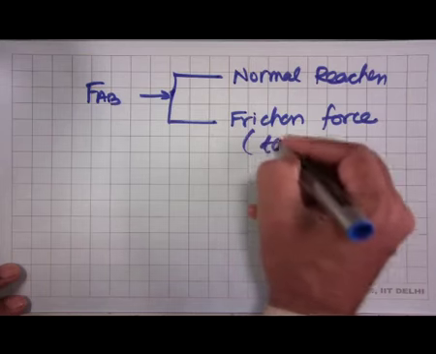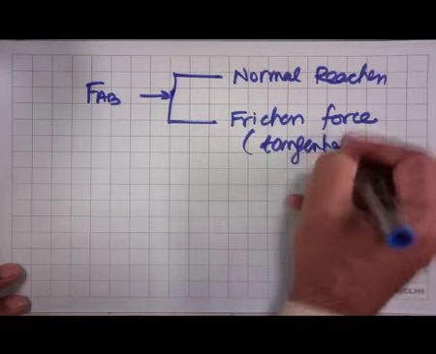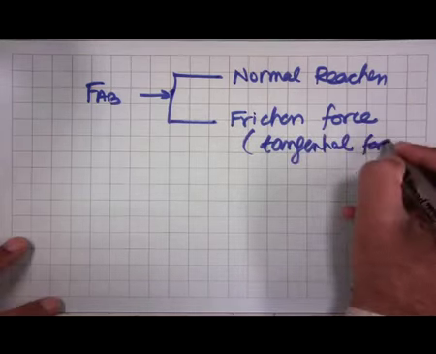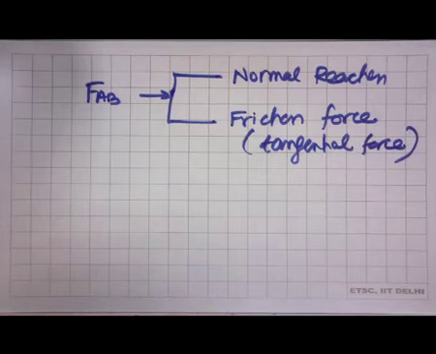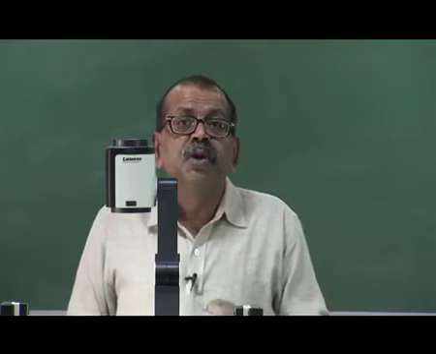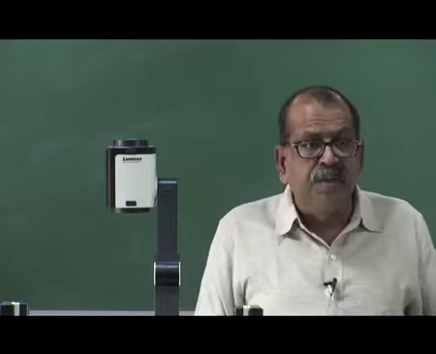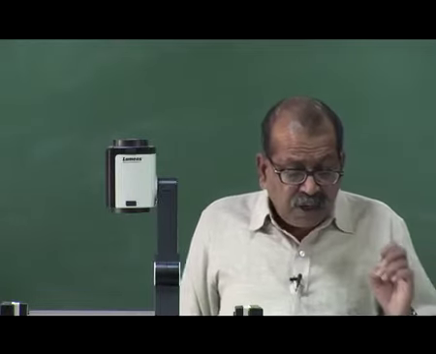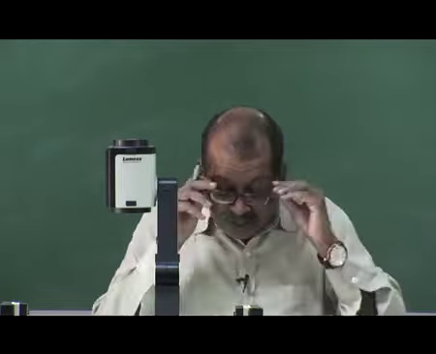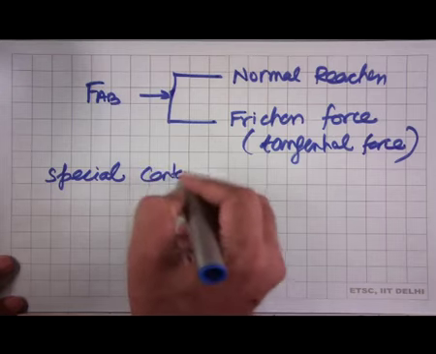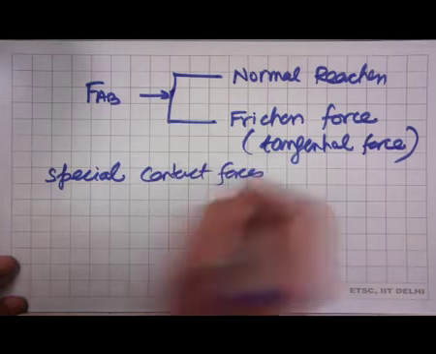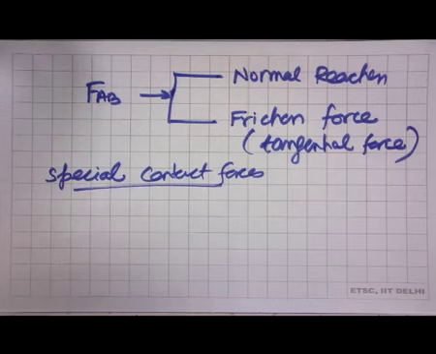The generalized version of friction force would be a tangential force, and we find in most cases it is just the friction force. So, this is the contact force, we divide that into two parts. Now, we have some special type of contact forces in addition to the bodies touching each other. And there are two special types which I would like to discuss.